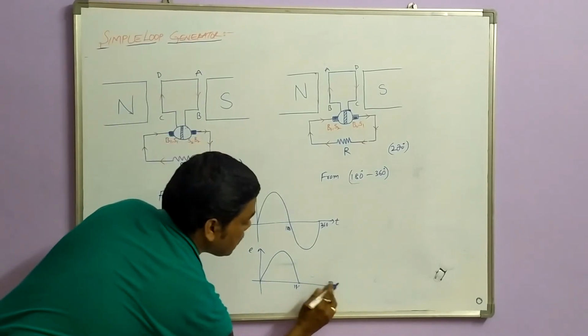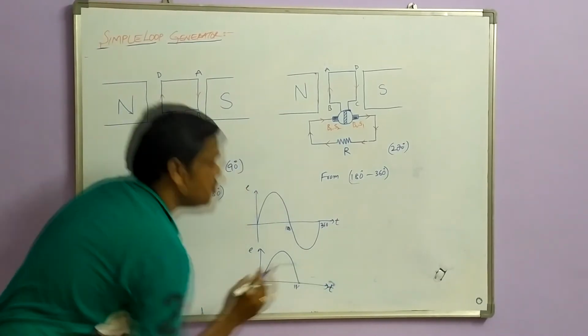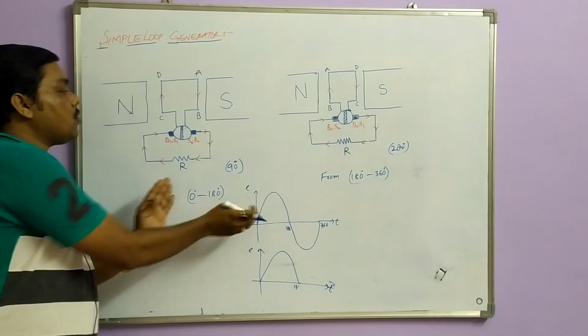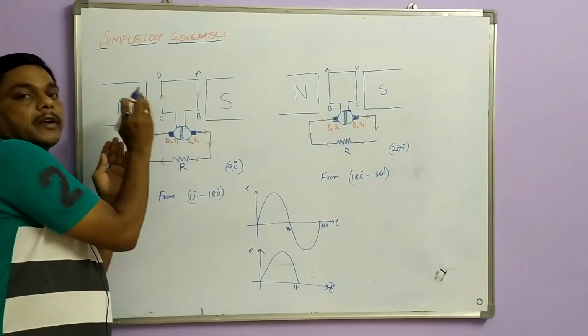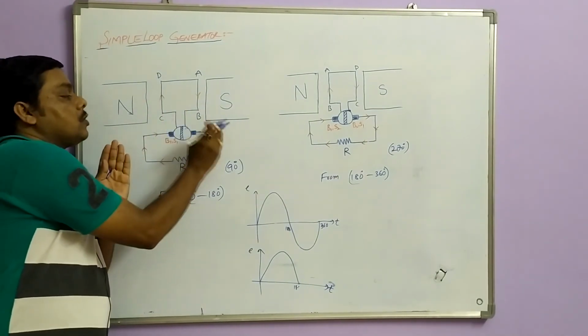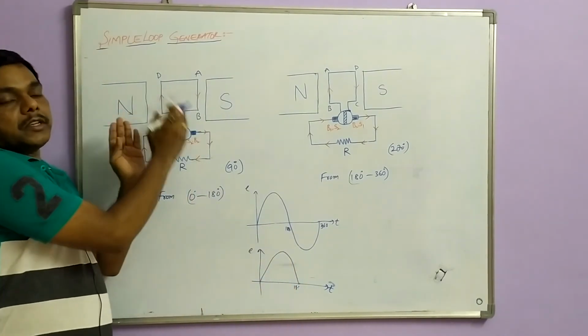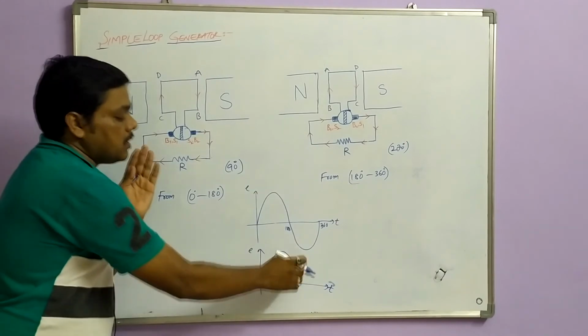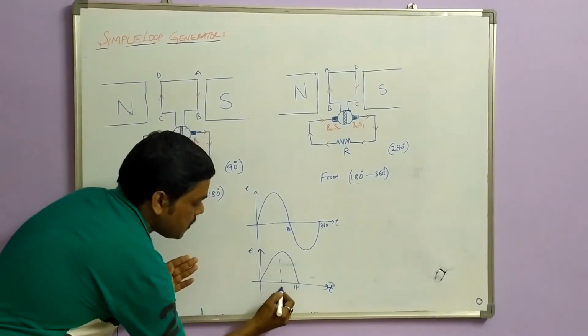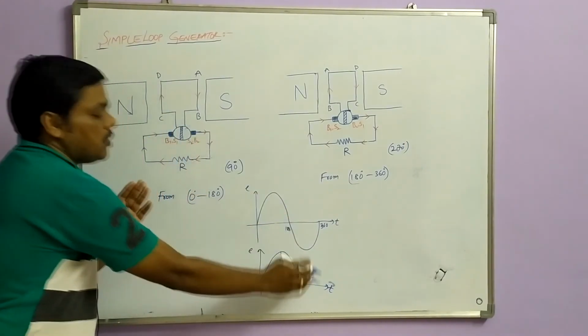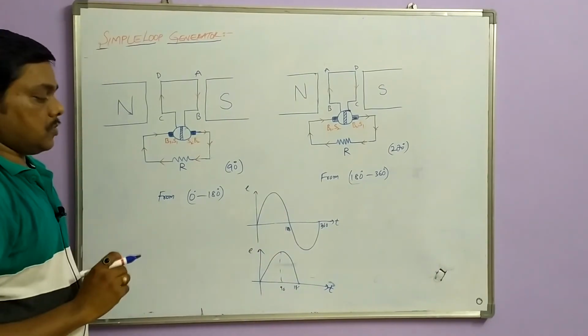That means from 0 to 180 degrees, segment 1 is connected to brush 1, segment 2 is connected to brush 2. So there is no change. The flux cutting action takes place, EMF increases and decreases. At 90 degrees, EMF is maximum and EMF goes to 0 at 180 degrees.